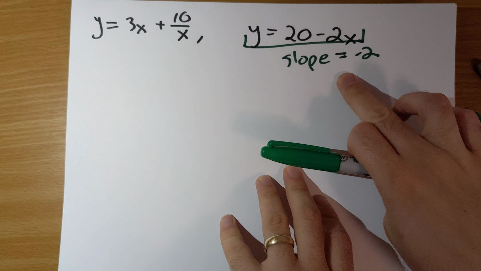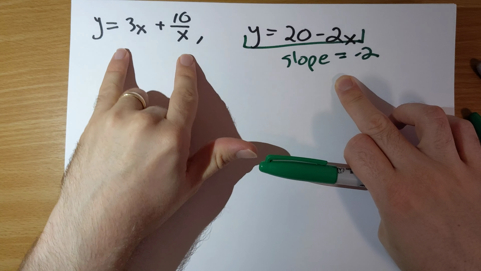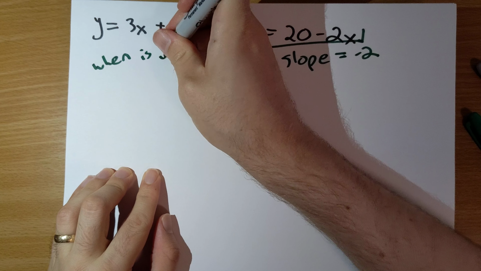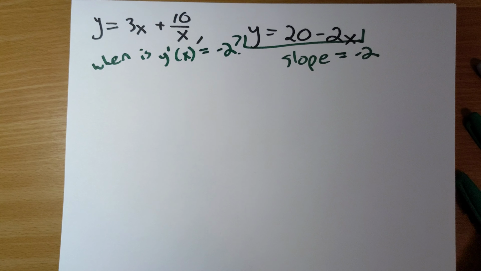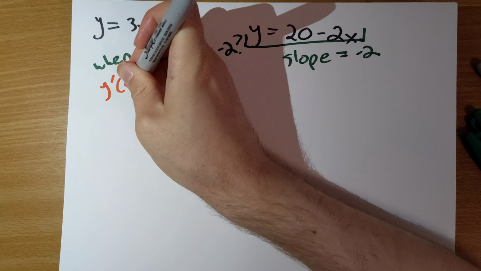So what that's telling us is we're looking for when is the derivative of this function, when is y prime of x equal to -2. So to do that, we need to compute y prime of x.